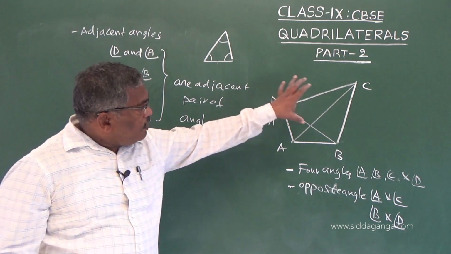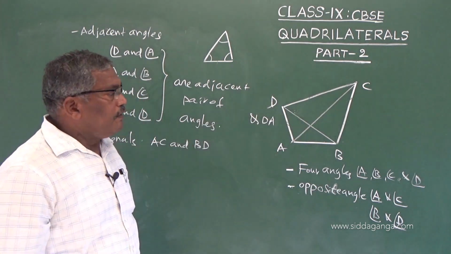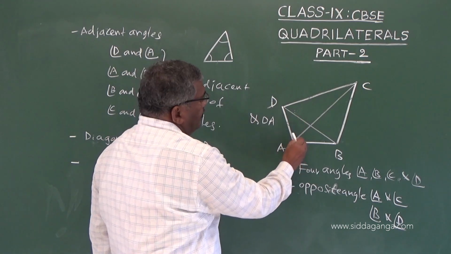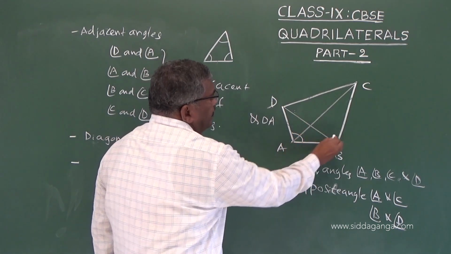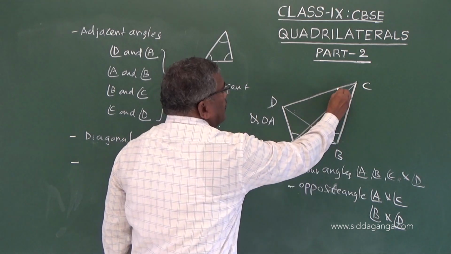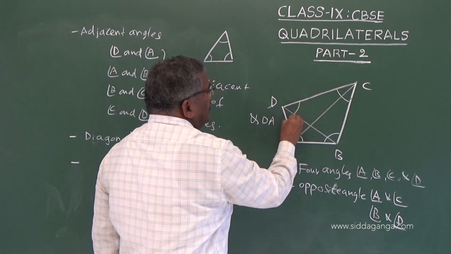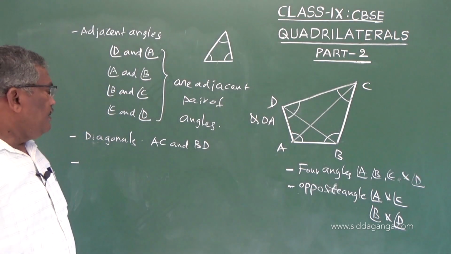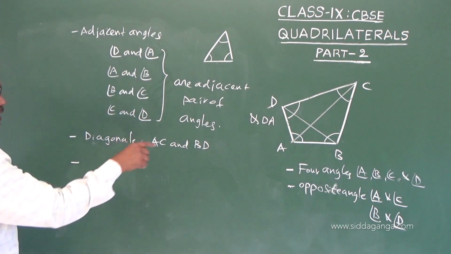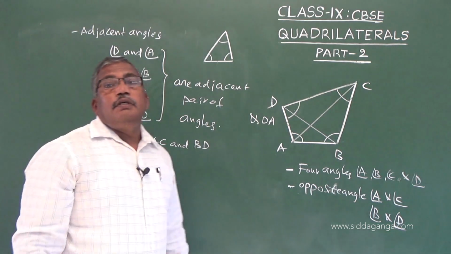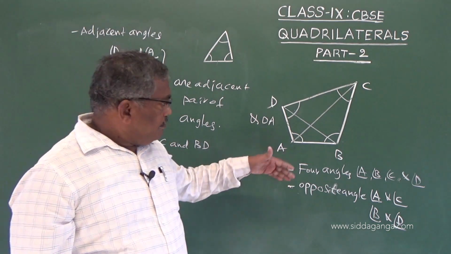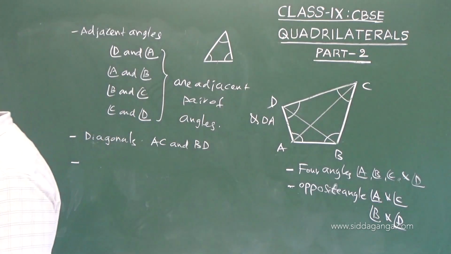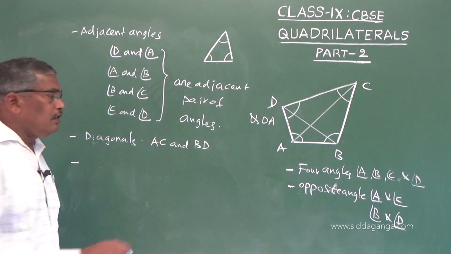In case of a quadrilateral, the sum of angle A, angle B, angle C and angle D will be 360 degree. So, we will learn how it comes. So, what will be the formula? In the next step we will learn. So, at this point you just remember sum of all interior angles.